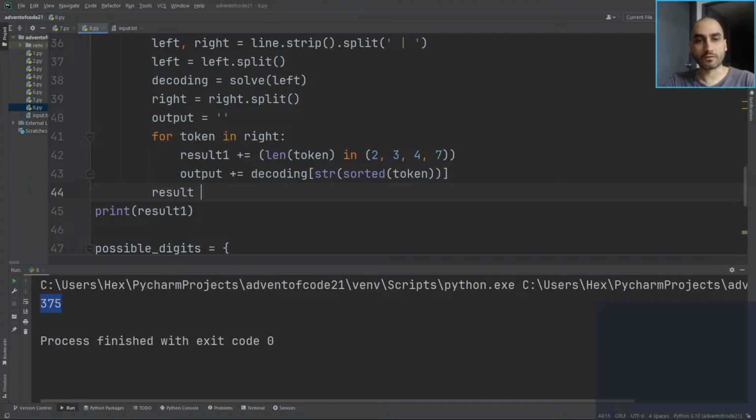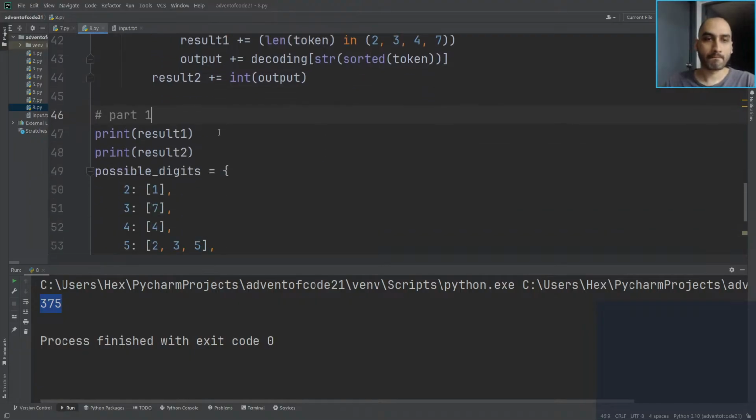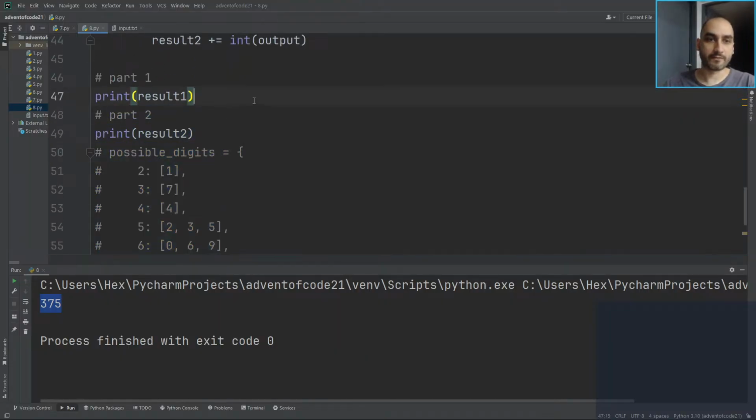Then result 2 plus equal int of the output. Just comment that out for now.